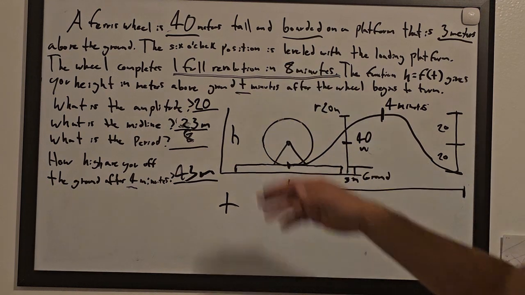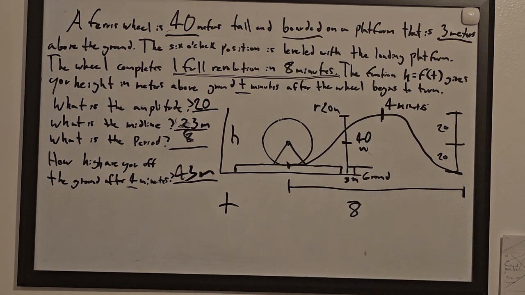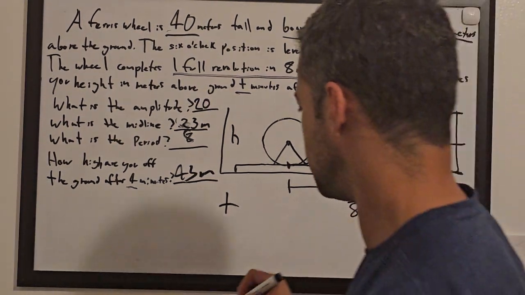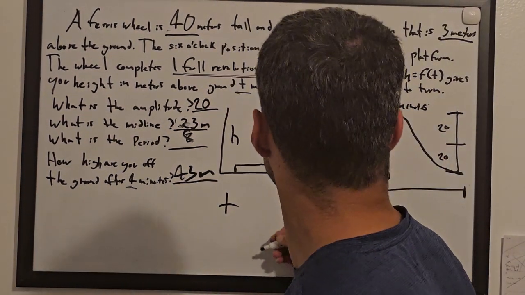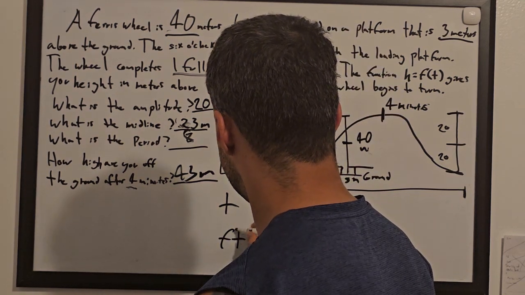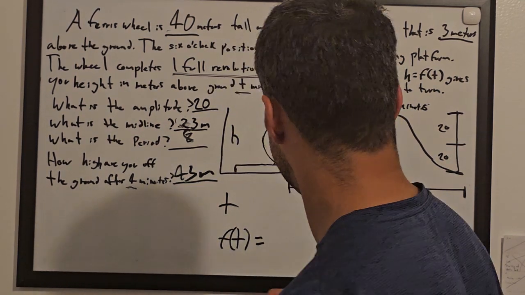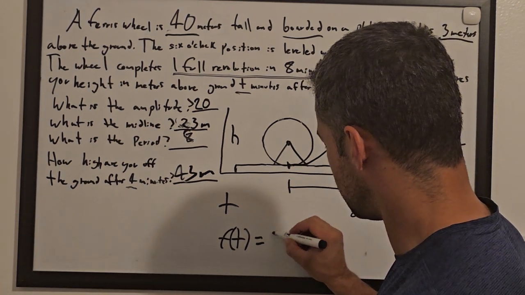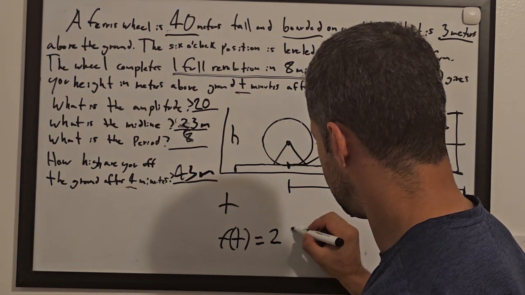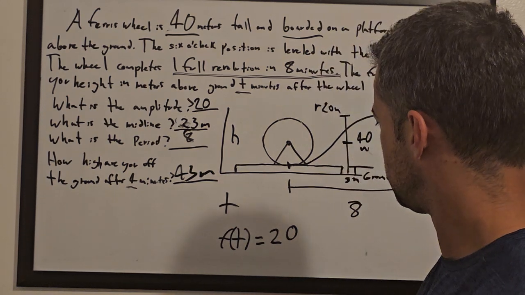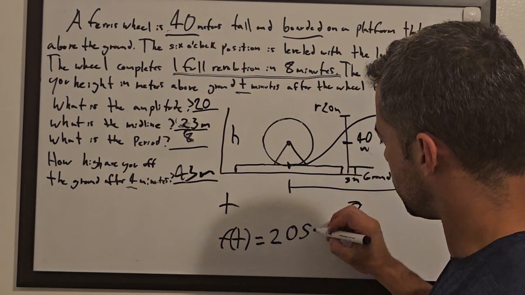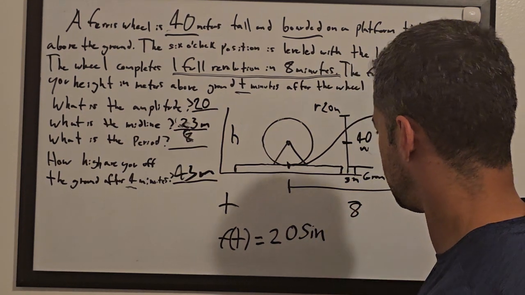Well, now that we have all of the pieces of information that we were asked to provide, we can write a sinusoidal function, that being f of t equals the amplitude of 20. We're starting at the bottom, that means we're at sin.